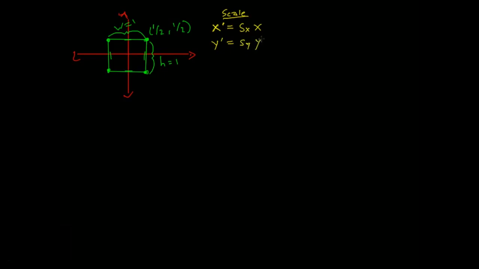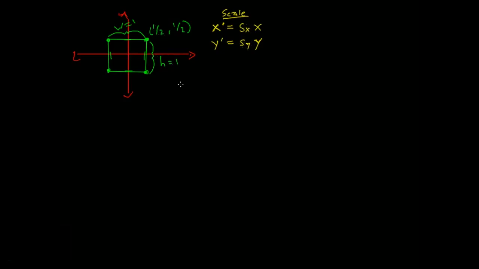Now let's take it as a real world example. Now at the point B we have half for the x and half for the y. So imagine that the scalar is 2, sx is 2, and sy is also 2. So if you multiply x, which is half, by 2, we get 1.